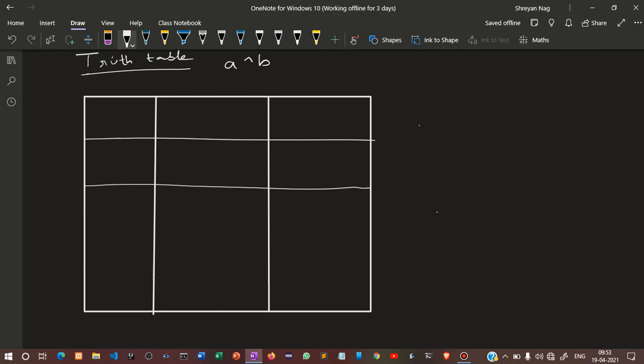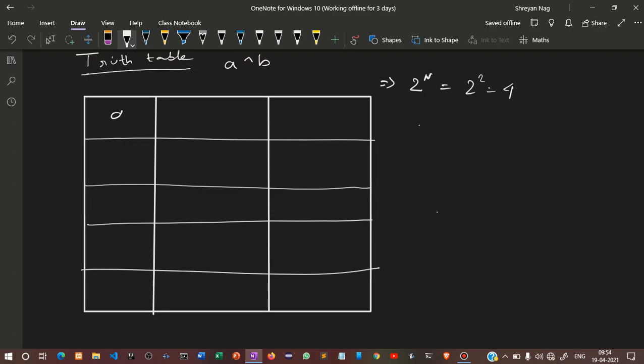Since there are two variables, there will be 2 to the power of n, that is 2 to the power of 2 equals 4 combinations. Here we will write A, B, A conjunction B. From the very left side, we will write 0, 1, 0, 1, 0, 0, 1, 1.